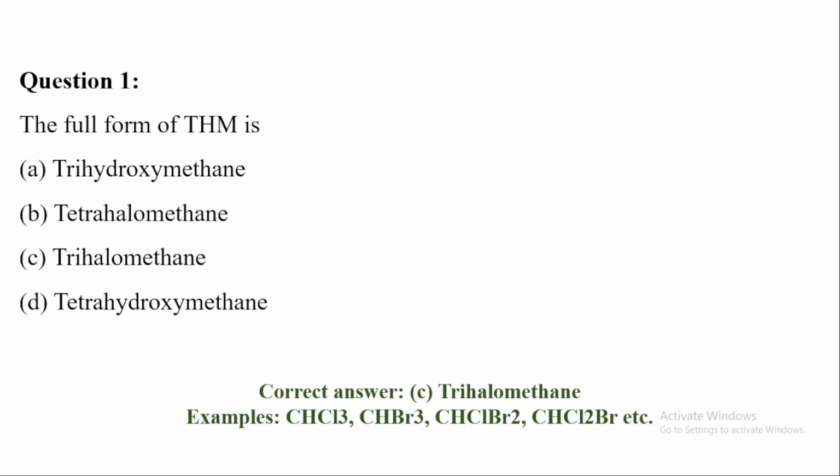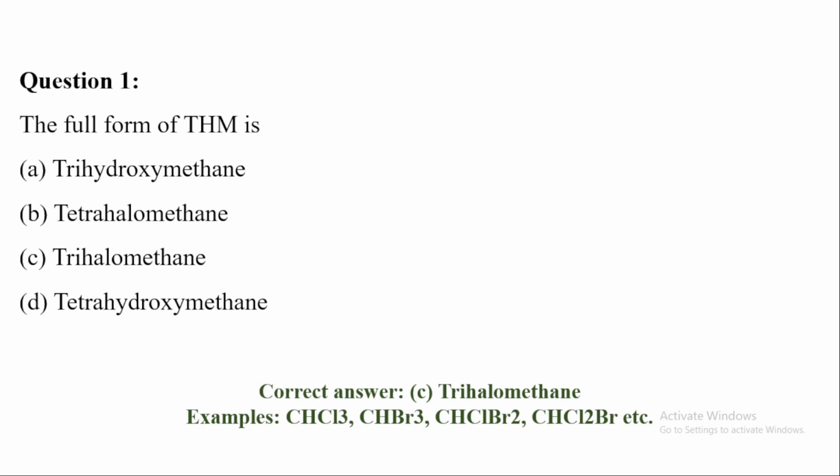So, what are halogens? Chlorine, bromine, iodine, these are halogens. Trihalomethane means, as in the example you can see, CHCl3. That means in place of 3 H we have 3 Cl. Or CHBr3, where in place of 3 hydrogens there are 3 bromine atoms.